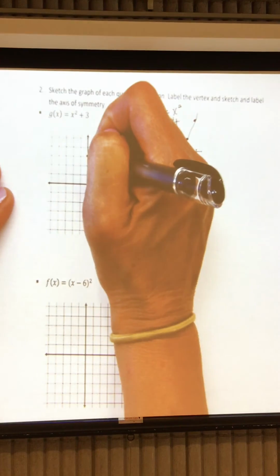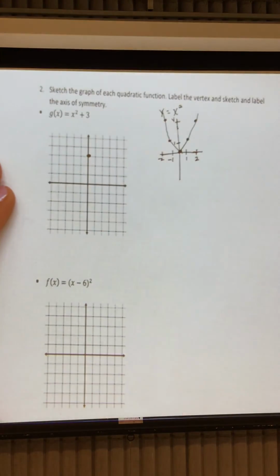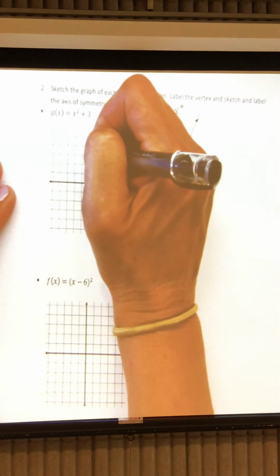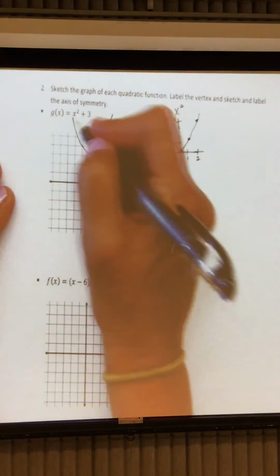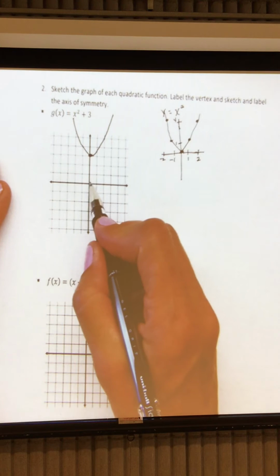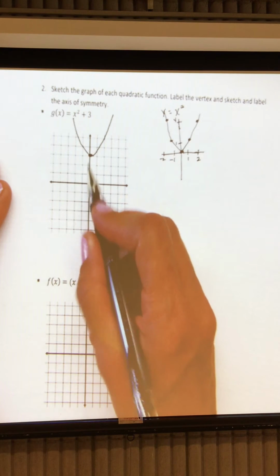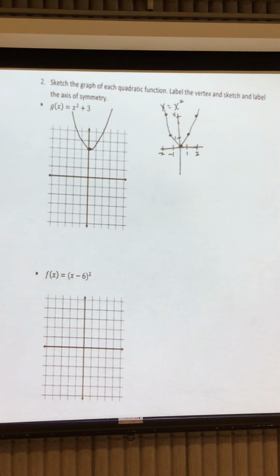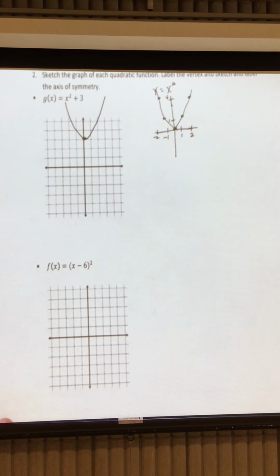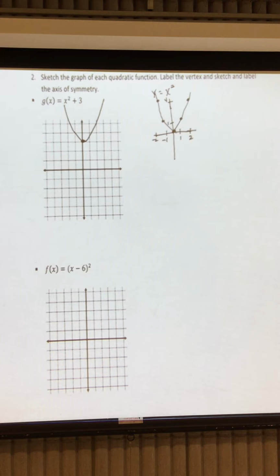And you can just draw your graph like that. So again, it's not at the 0, 0. It's at the 0, 3. It is shifted up by 3 units, and that is the graph of the first problem.